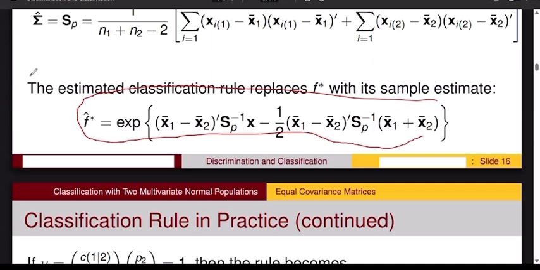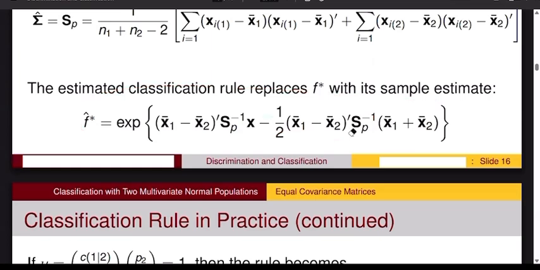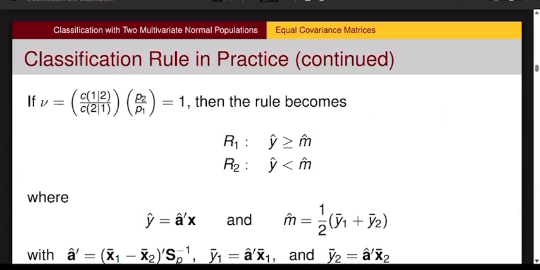Now we want to visit the other side of the aisle. Take a look at that. I'm going to call that other side M, which is the ratio of the misclassification costs and the ratio of the priors. And it could be equal to 1, on the condition that the misclassification costs are the same and the priors are the same.